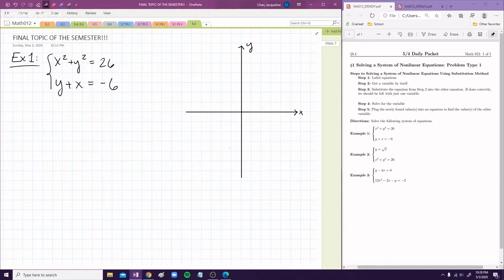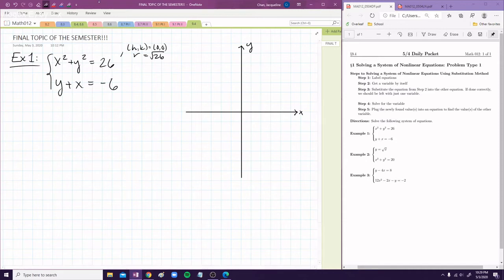So x squared plus y squared equals 26. Hopefully you recognize that by now. When it looks like that, it is a circle, centered at (h, k) equal to (0, 0), and the radius is equal to the square root of 26.